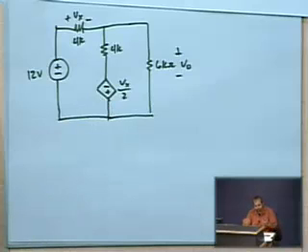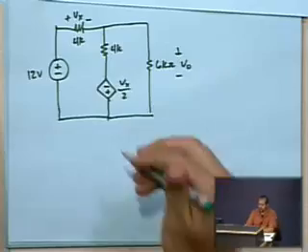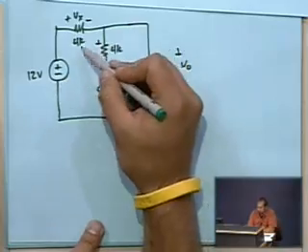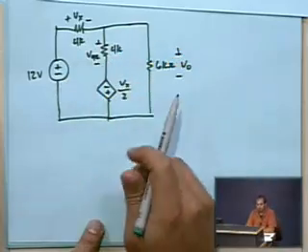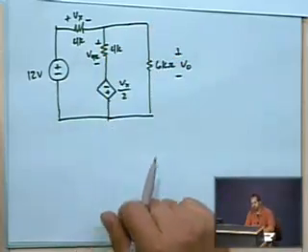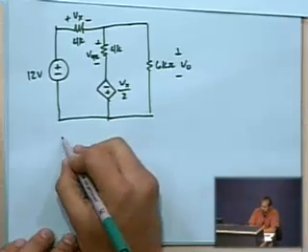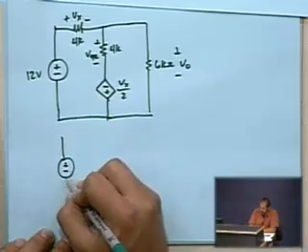Think about it in terms of the KVL around the loop. We run into the positive terminal of one and the negative terminal of the other, so adding these two voltages together, they've got opposite signs.